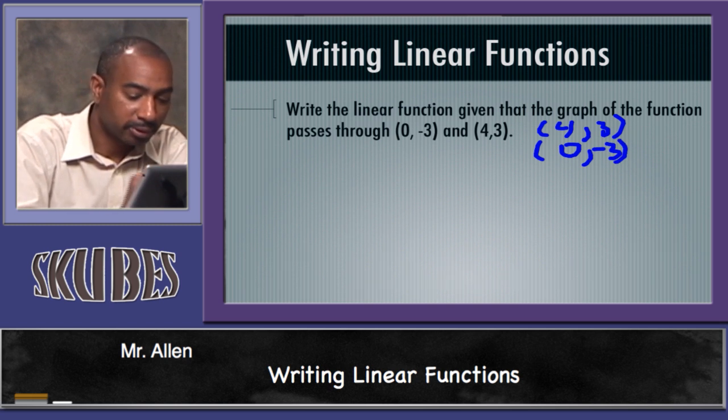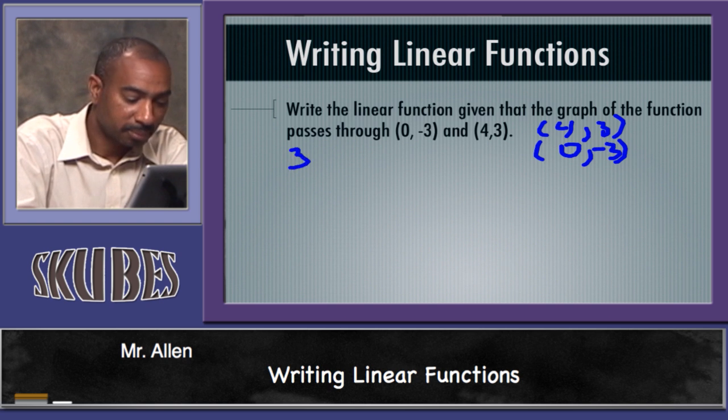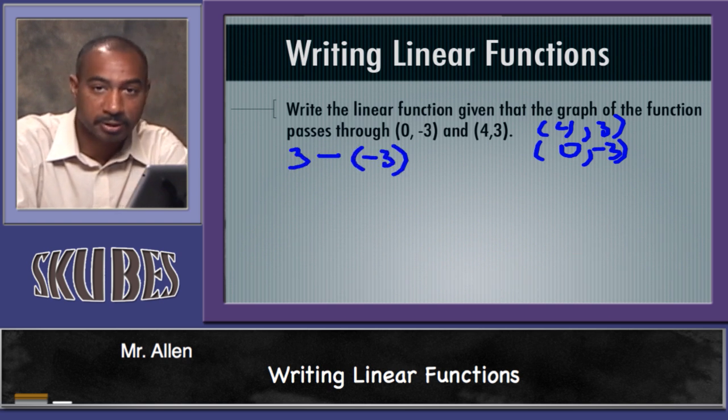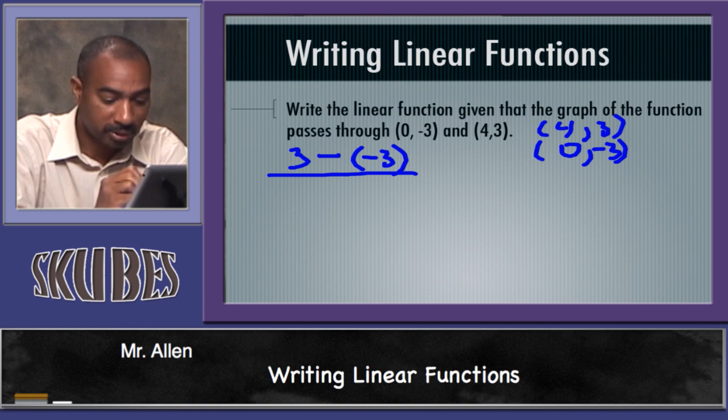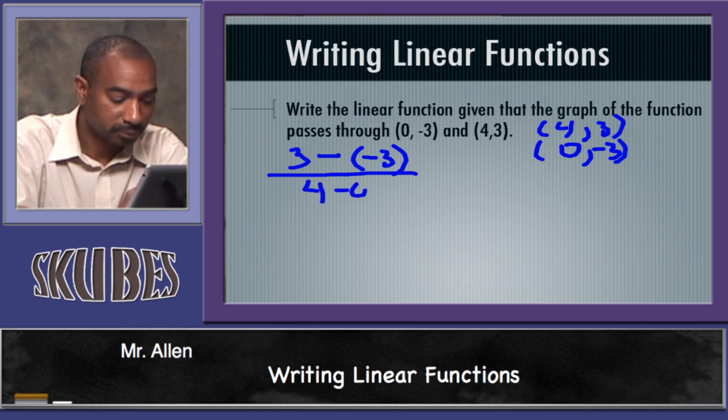All right, so the y coordinates, we have 3 minus a negative 3. Remember, this subtraction sign is part of the formula, so it's fixed. So 3 minus negative 3. Then I have to go this direction, 4 minus 0. So this winds up being the same as 3 plus 3. And 4 minus 0 is 4.